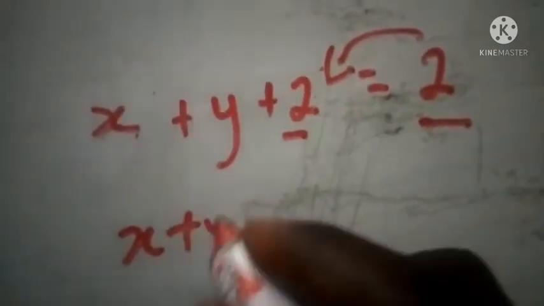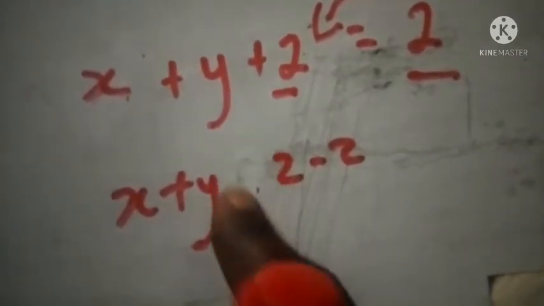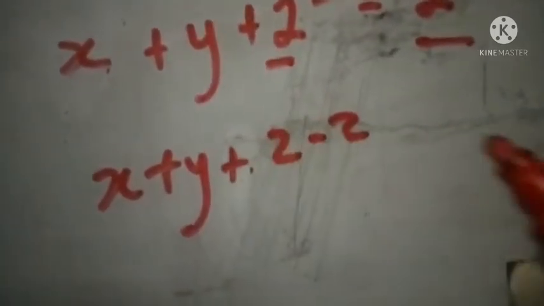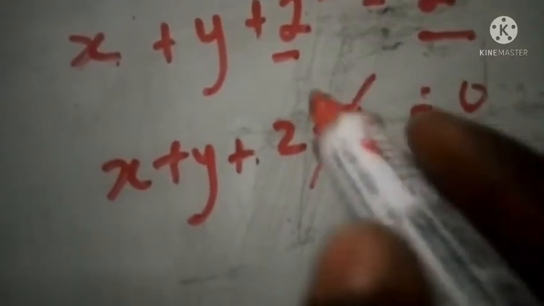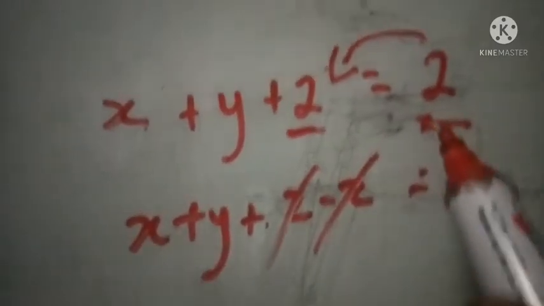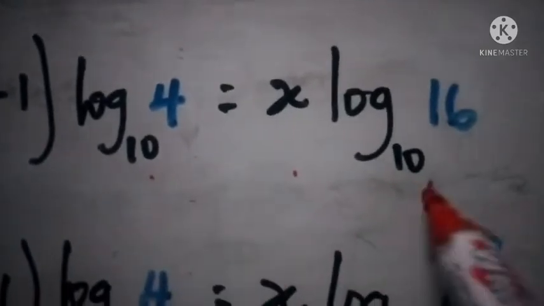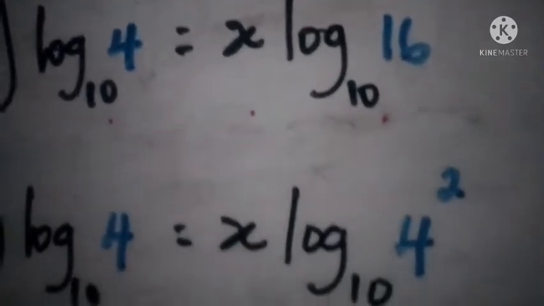So here I'm having x plus y to be equal to 2 minus 2, that should be equal to 0. Let me say that this goes away, right? So the idea is that this and this have to be the same so that they can cancel out. The same scenario we are exploring here, that the two logarithms here have to be the same. Is that okay? So how can we do that?